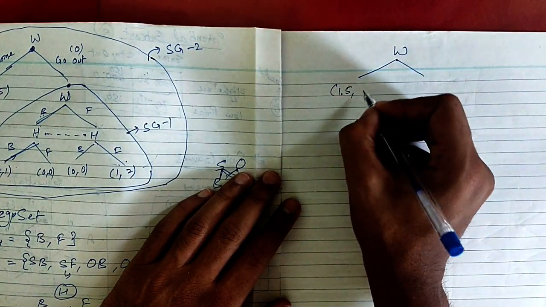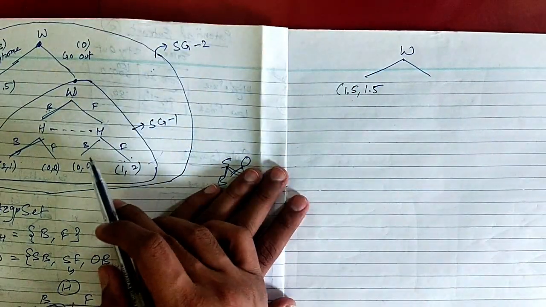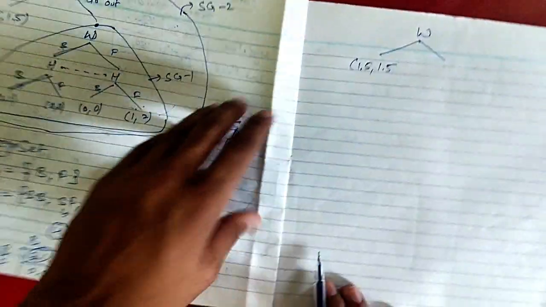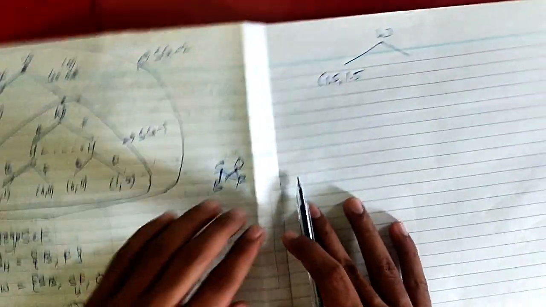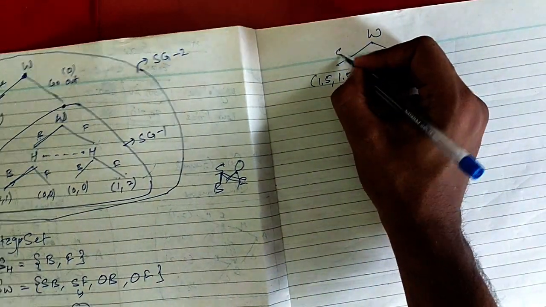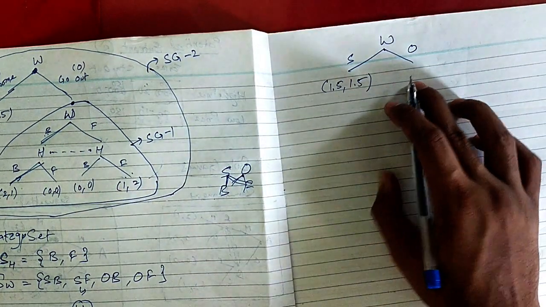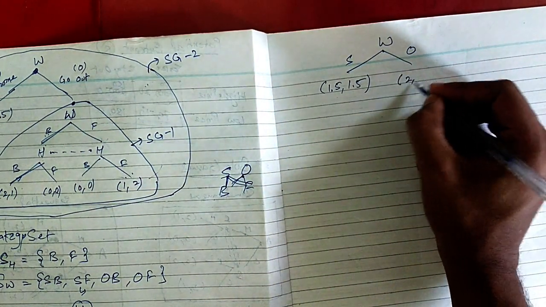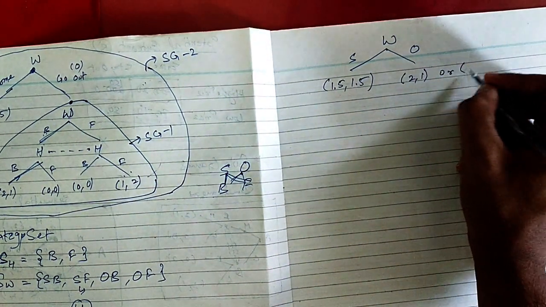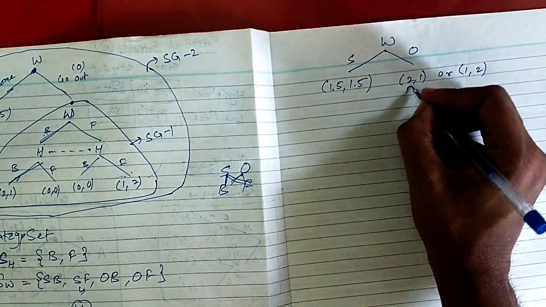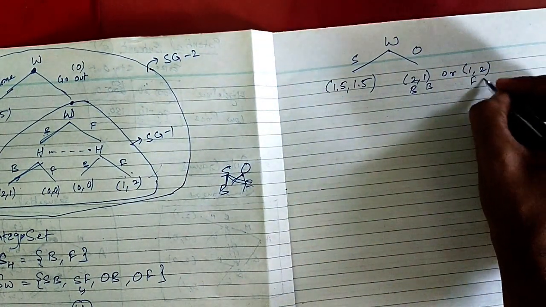This will remain the same, but we solved the second game and we got two answers, that was BB and FF. Okay, so this was stay home and this was out, and now we got two solutions for this game, that is 2 1 or 1 2. 2 1 is BB and 1 2 is FF.